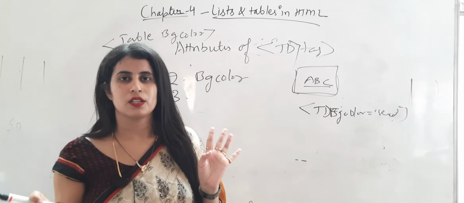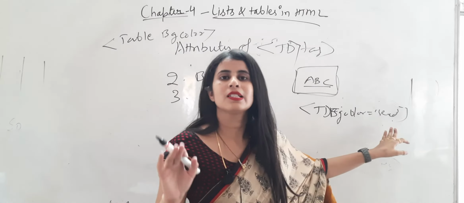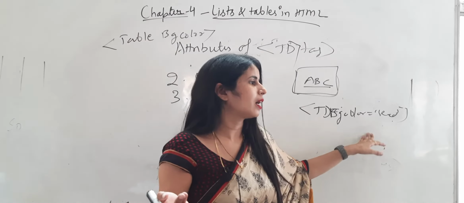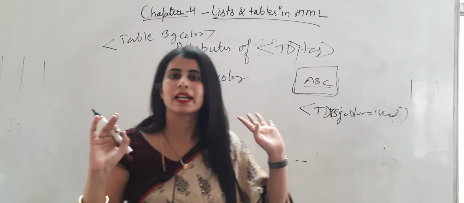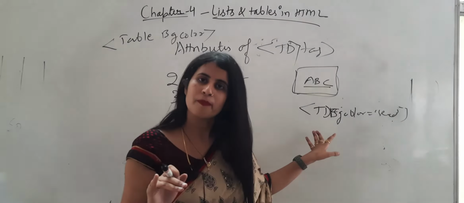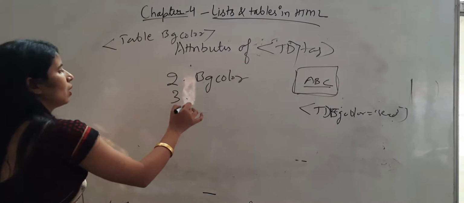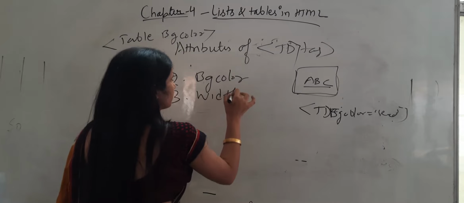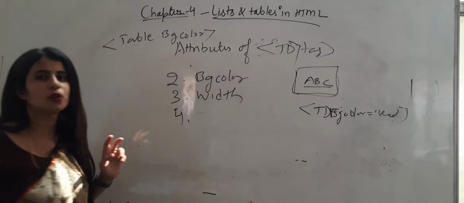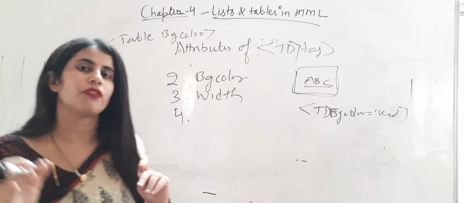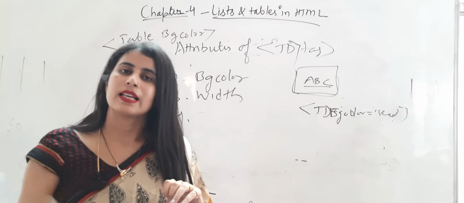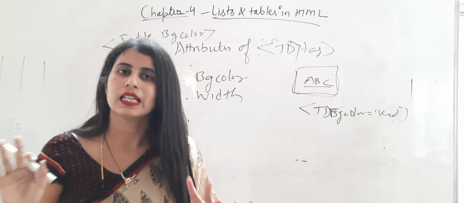So in every one you can set the background color there, red, yellow, orange, pink, whatever it be, you can set it from there. So this is background color. Next is width. As you know, we can change the width of a cell. Okay, easily we can do it.